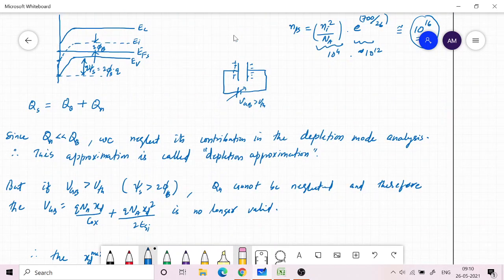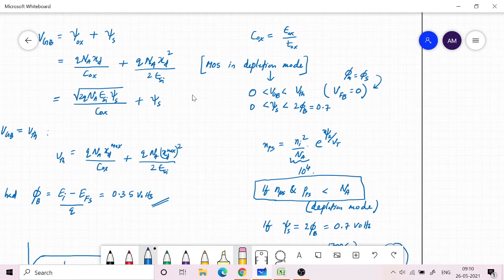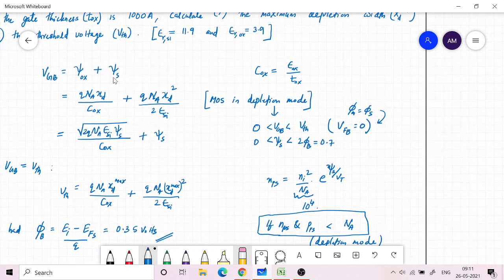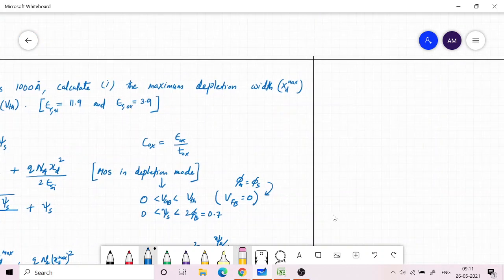So in order to evaluate this, you take the relationship for XD. If I take this relationship for psi s becoming 2 phi b, then 2 phi b is equal to Q Na XD max whole square by epsilon silicon.